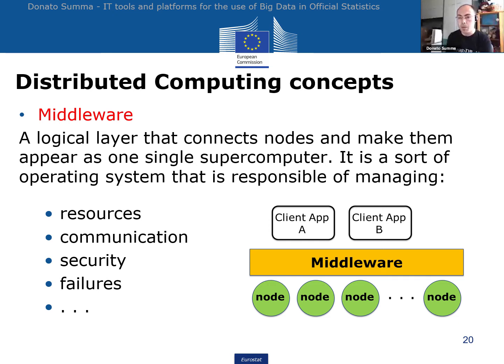Then the middleware is responsible for interacting with the nodes of the system and collecting the result in order to provide it to the final user, the final client applications.